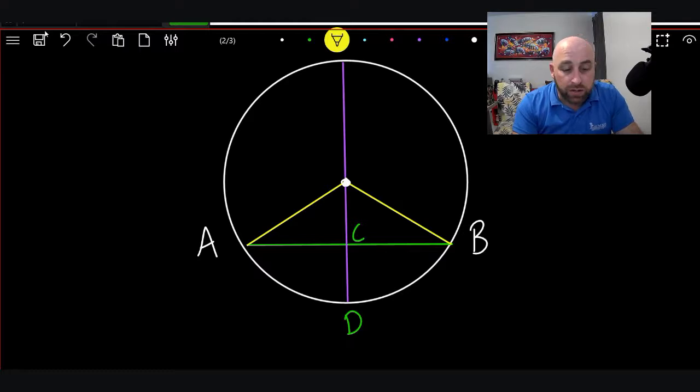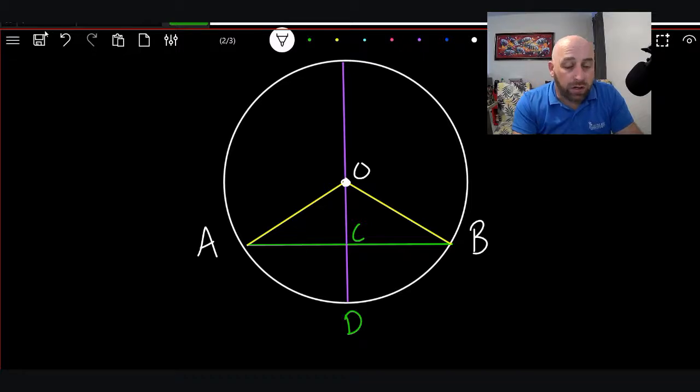We'll call this point O right here in the center. AO might be a little bit longer, might be a little bit shorter, but AO is always going to equal BO. They're always going to be the same. AO and BO are equal because we've created an isosceles triangle there.